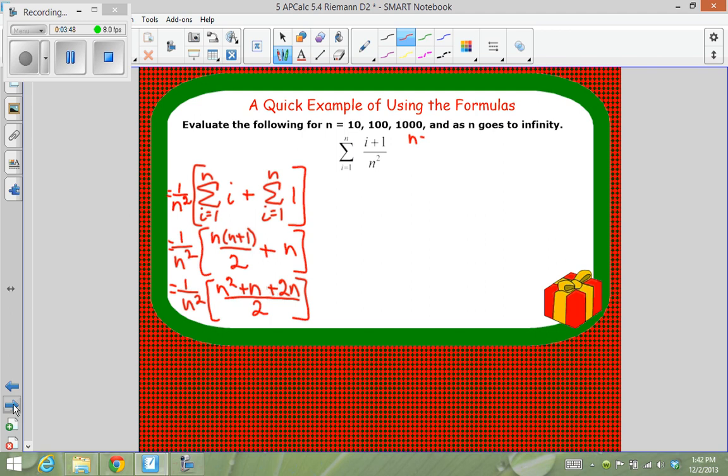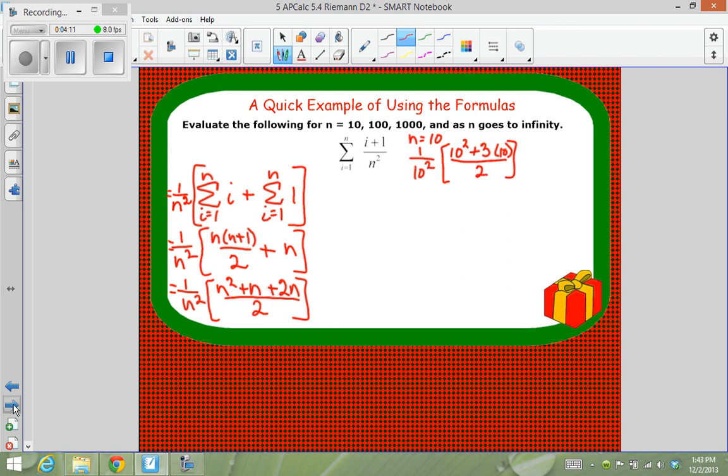If I want to do n equals 10, then what I do is 1 over 10 squared times the n squared is 10 squared plus 3n. Well, 3n is going to be 3 times 10, all over 2.